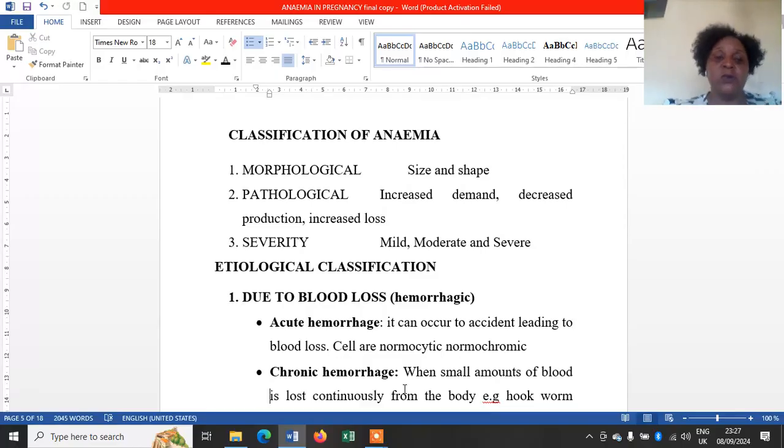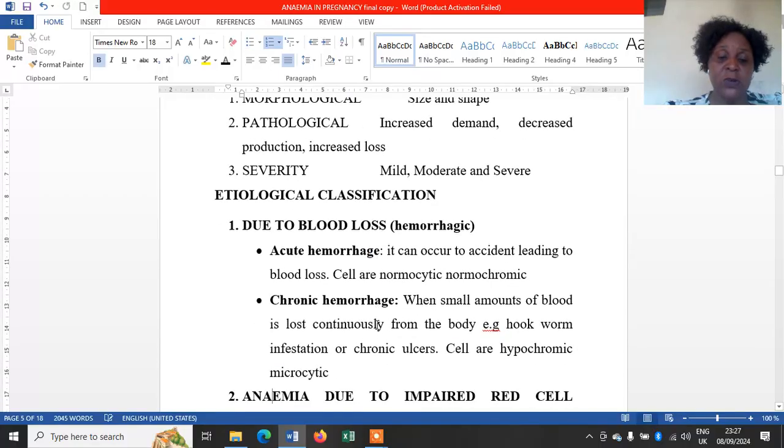Or we can also look at the etiological classification, and here we shall look at 2 or 3. One, due to blood loss. So we are going to classify anemia as hemorrhagic anemia.